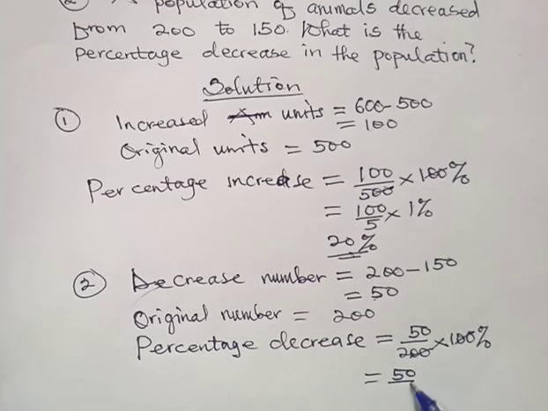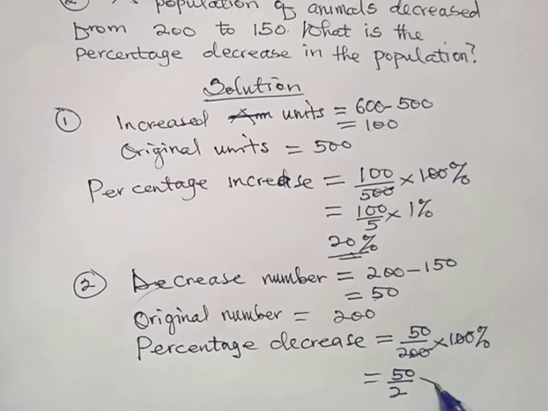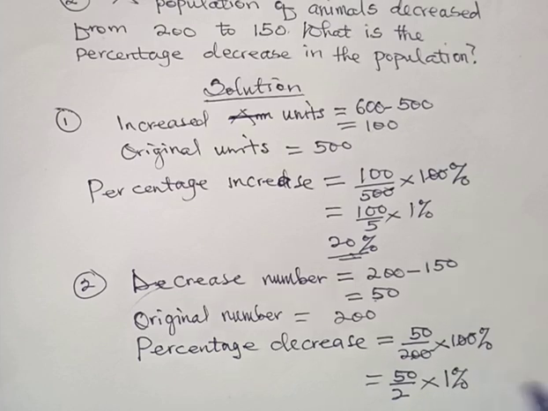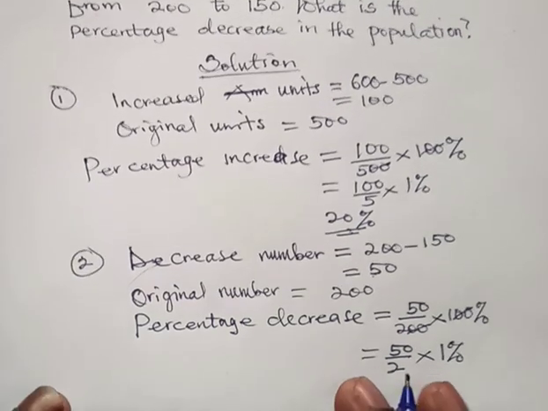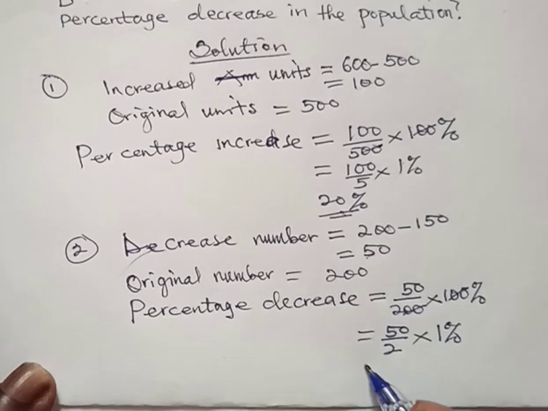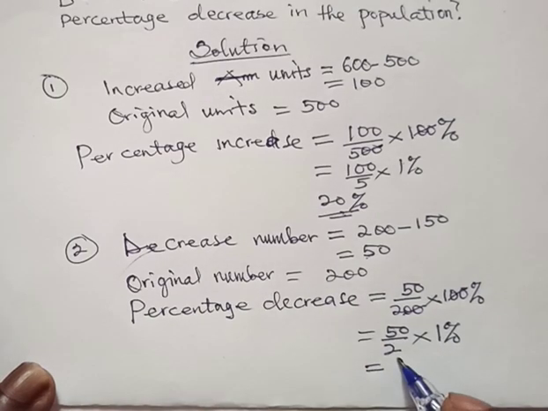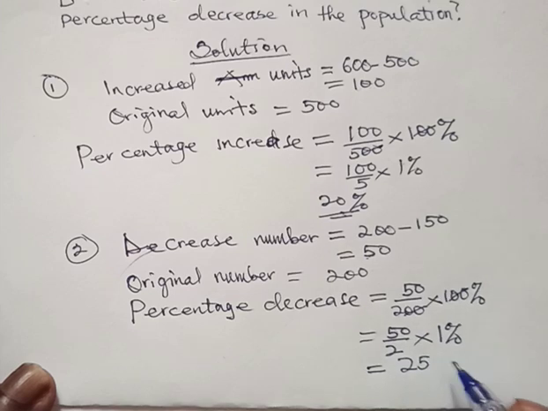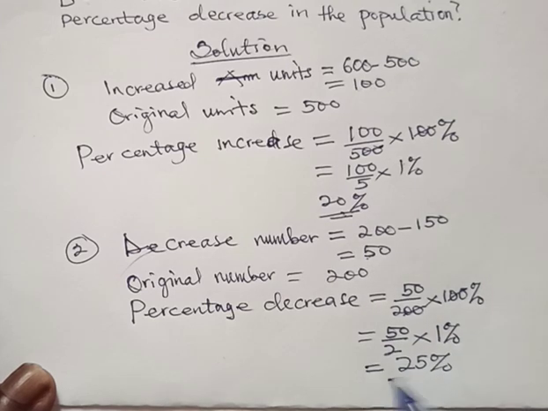Since we have this and that, we can get 50 divided by 2 times 1%. So 50 divided by 2 gives us what? 25. 25 times 1% still gives you 25. Good.